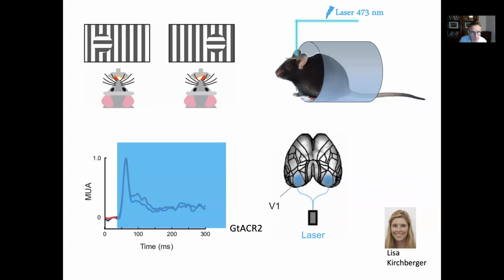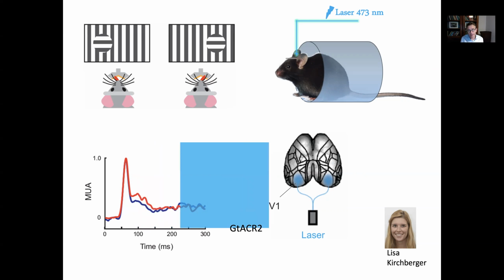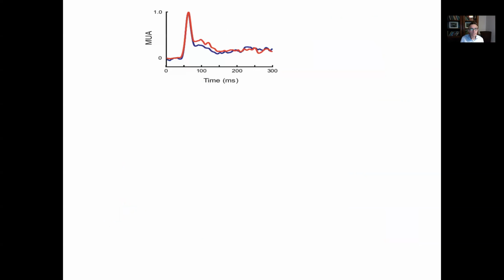So we can basically knock out the entire V1 response and see what happens to accuracy. But, and now it gets really exciting, we can also let through just the feedforward response and knock out the late activity, and let through more and more of the late activity by postponing the optogenetic stimulus to a later point in time. Okay? So that's what we did.